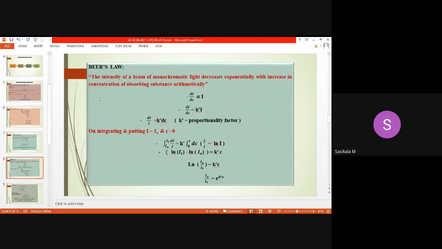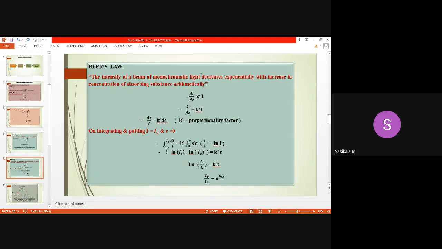Now let's see about Beer's law. The intensity of a beam of monochromatic light decreases exponentially with increase in concentration of absorbing substances arithmetically. So the intensity of the beam of monochromatic light, that is incident light I0, decreases exponentially with increase in concentration.